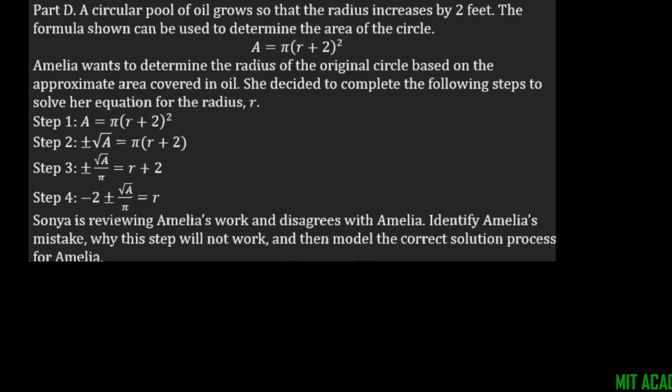But in step 2, they took a square root of both sides, but we can't do that because of that pi symbol in front. So we're going to say this. Let's say the mistake is in step 2.